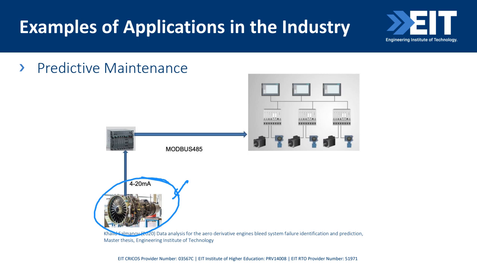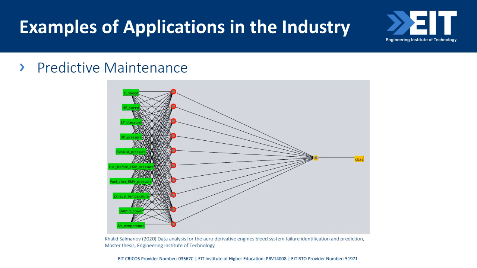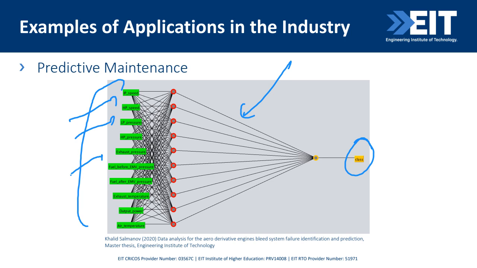So the idea was to capture sensor data from these and apply machine learning on the data to try to predict when there's a fault. The types of data were things like speed, pressure, temperature, exhaust pressure, etc. It was applied using this architecture, which is actually a neural network, to produce the class: is there a fault or no fault? Okay.